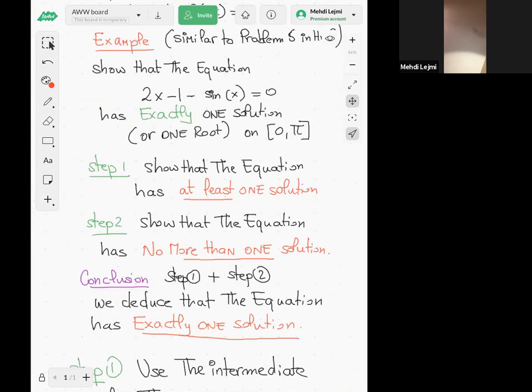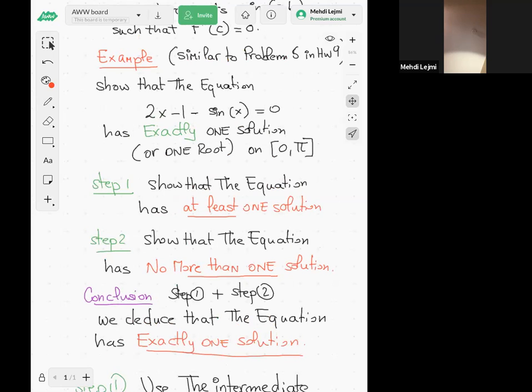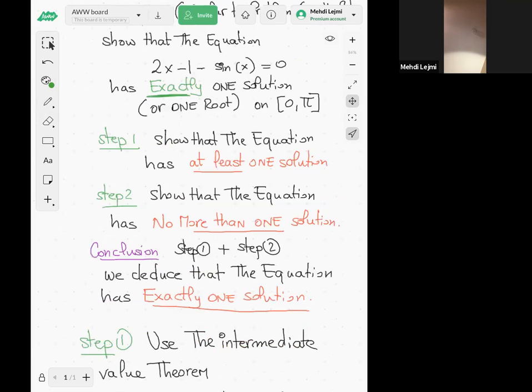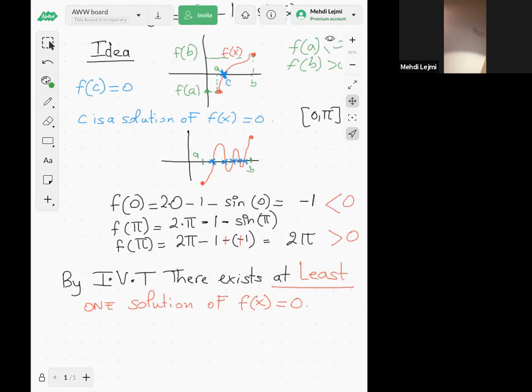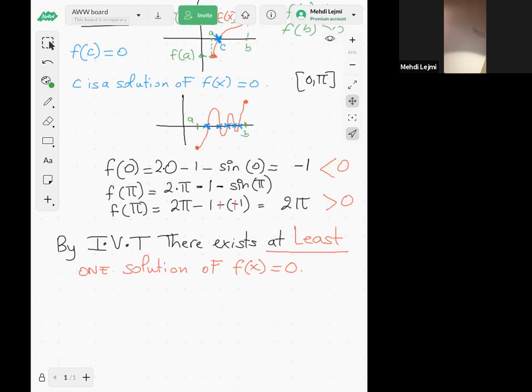But with the intermediate value theorem, we can only prove that the equation has at least one, okay? That's not exactly what we want. We need to prove that the equation has exactly one solution, not just at least one solution. So that's why we need the second step. This is the intermediate value theorem to show that there exists at least one solution.